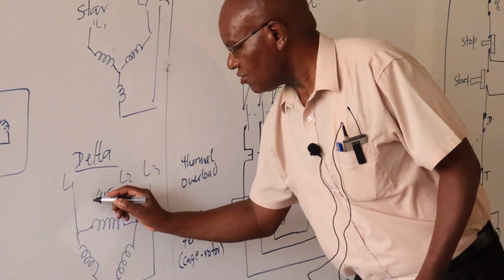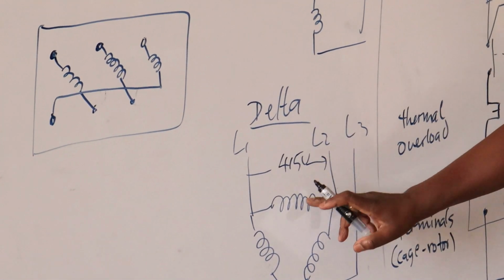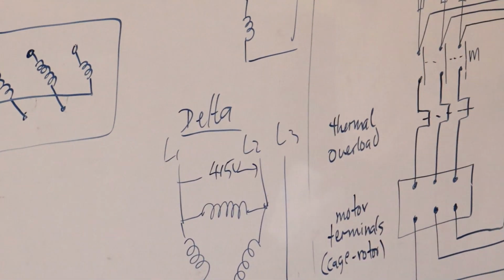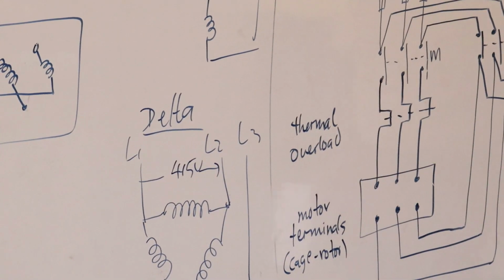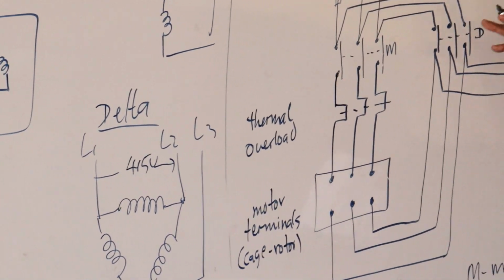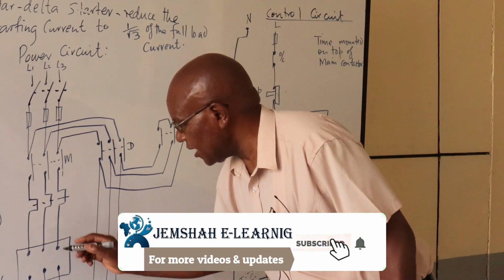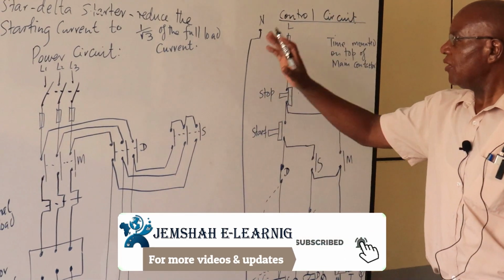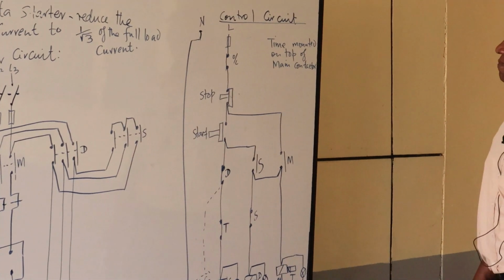The windings you are having here should be able to withstand the 415 volts, since when you connect to the delta, the whole of the voltage will be across one coil. You should be able to withstand that. The other key thing is the star and the delta, we make sure they should not be energized at the same time. So now let's briefly look at our control circuit.